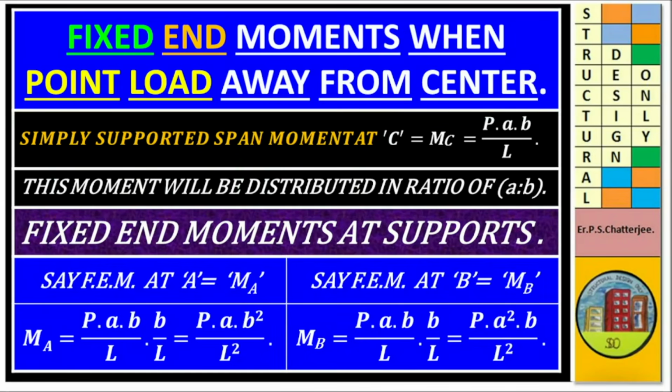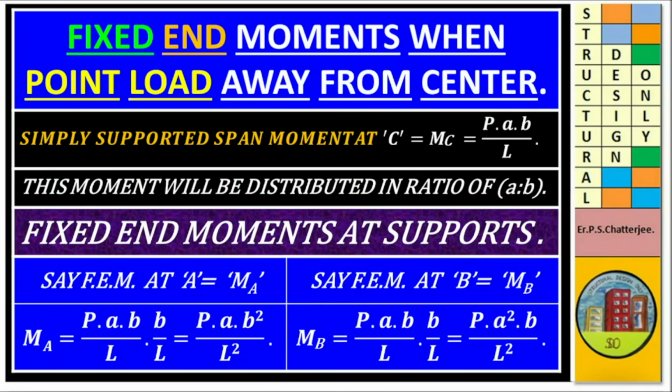Say FEM at A is equal to MA and FEM at B is equal to MB. MA is equal to P into A into B by L, that is simply supported moment, into B by L, this is the ratio, equal to P into A into B square by L square.